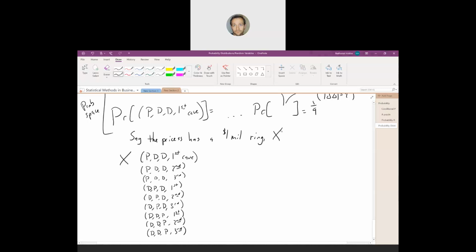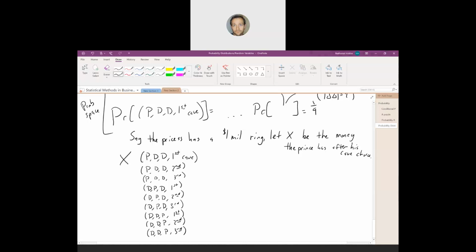Let X be the money the prince has after his cave choice.